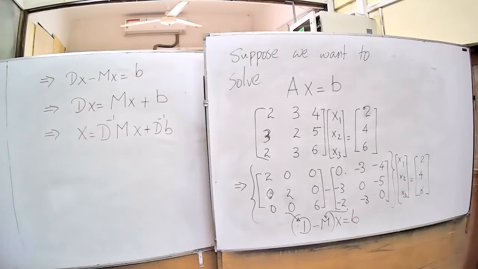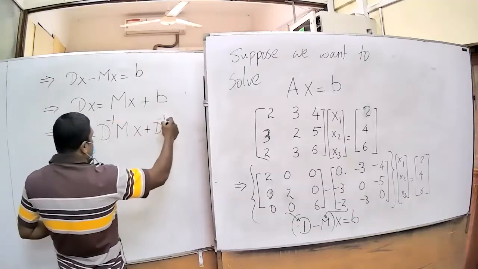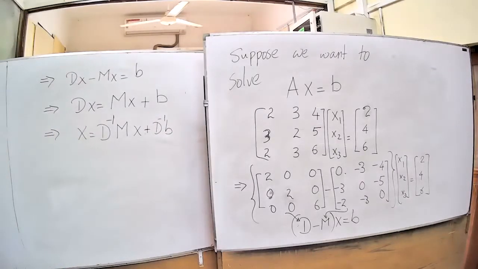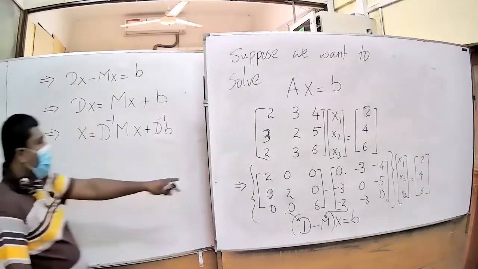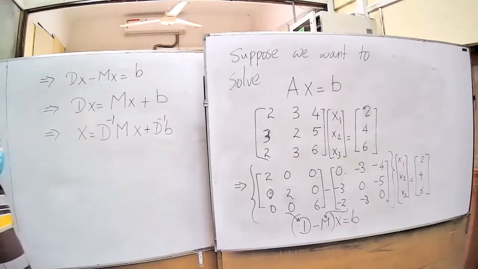So if Ax equal to B is given, you can find D and M such that X is equal to D inverse M X plus D inverse B. If you know D, you can find D inverse, and if you know M, you can find D inverse M and D inverse B.